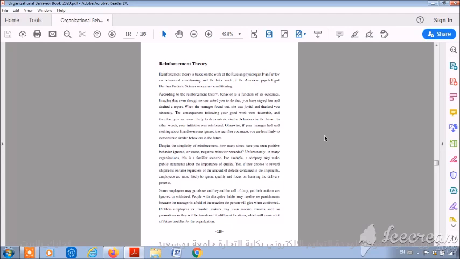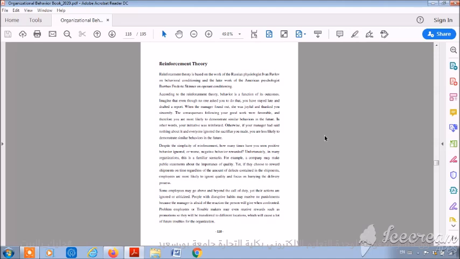For example, a company may make public statements about the importance of quality. However, if they choose to reward shipments on time regardless of the amount of defects contained in the shipments, employees are more likely to ignore quality and focus on hurrying the delivery process in order to get rewarded.